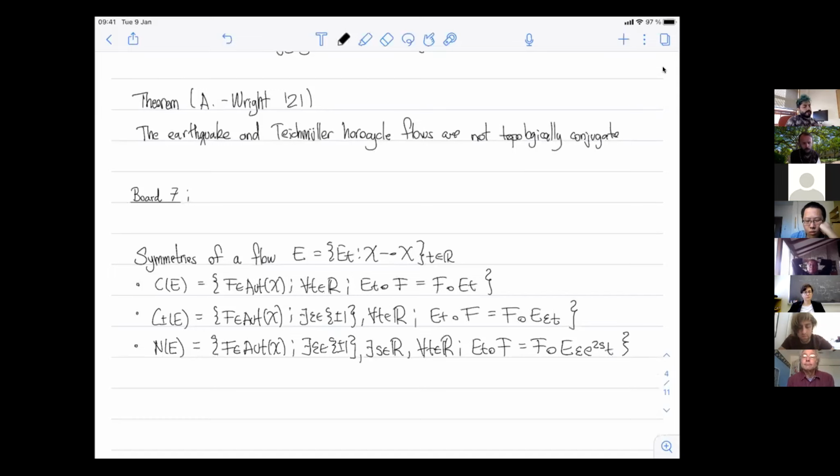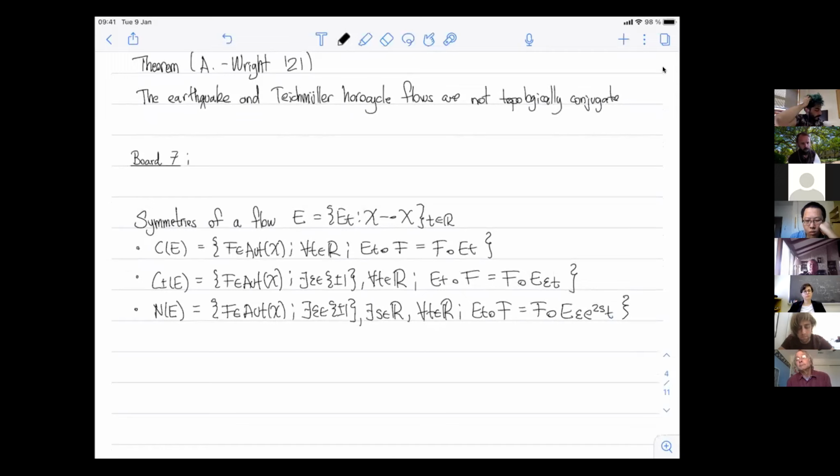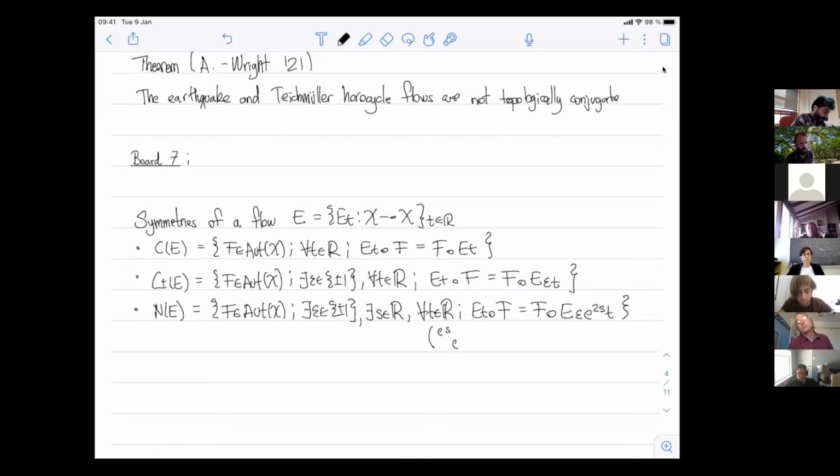And you might recognize here on this side an identity, and this is the reason why one defines the normalizer this way, which one can see in SL2R. If you take the diagonal matrix e to the s, e to the minus s, and then you take the unipotent matrix 1, t, 1, and then you take the inverse of the diagonal matrix, this conjugation is literally equal to e to the 2st, and then a 1 there.